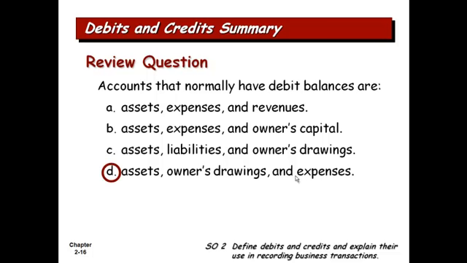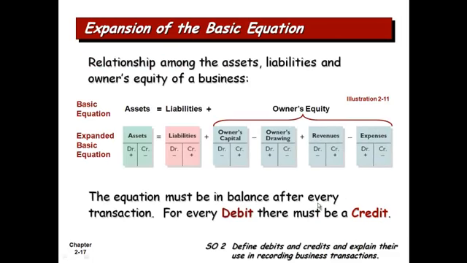Assets, drawings, and expenses. So let's talk about the expansion of the basic accounting equation, which is the relationship among the assets, liabilities, and owner's equity of a business. The basic equation up here is assets equals liabilities plus owner's equity. The left side of the equal sign and the right side of the equal sign have to balance.